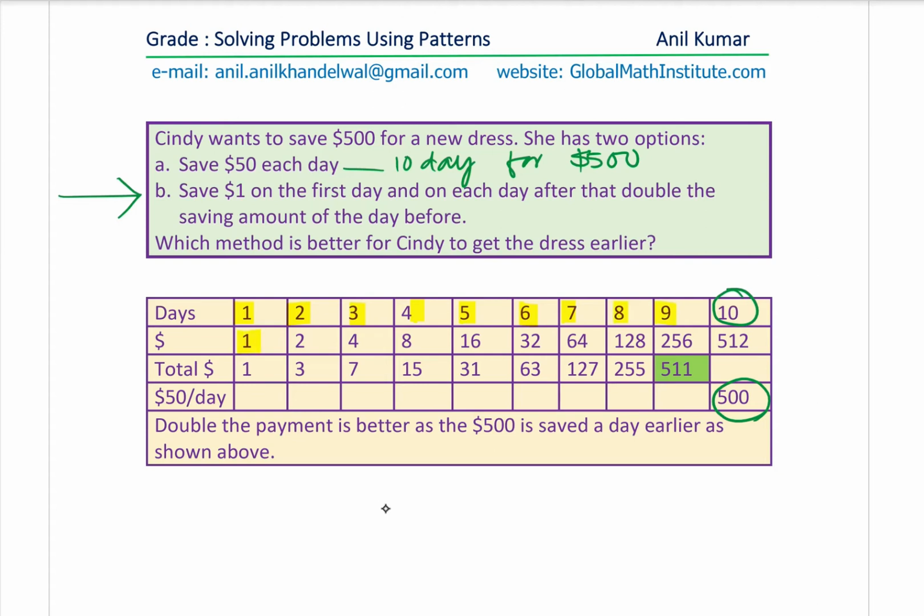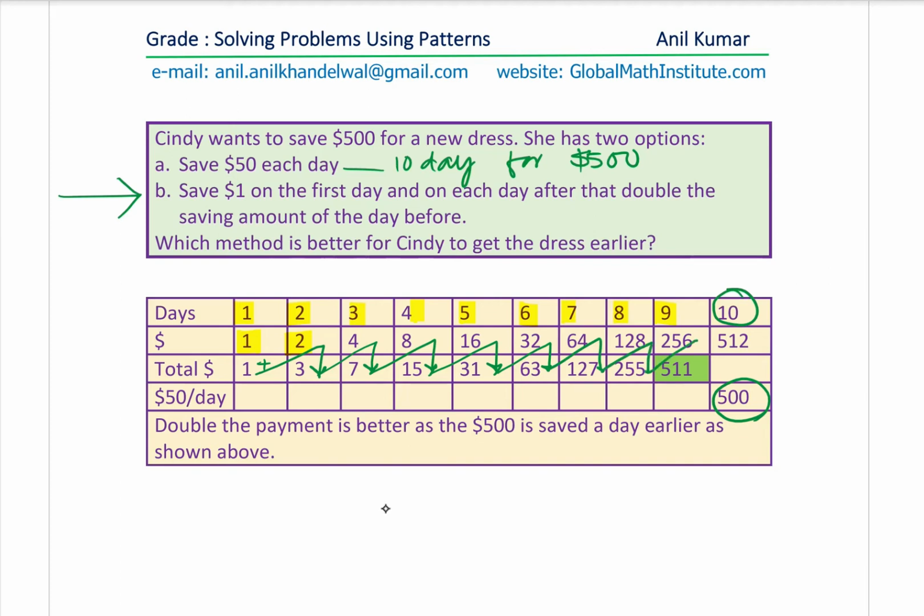Next day she adds 2 more. So basically at the end of second day she has $3, 1 plus 2, right? Then she is adding 4, so 3 plus 4 is 7, and then we have 7 plus 8, and then we have to add 15 and 16, and likewise it moves.